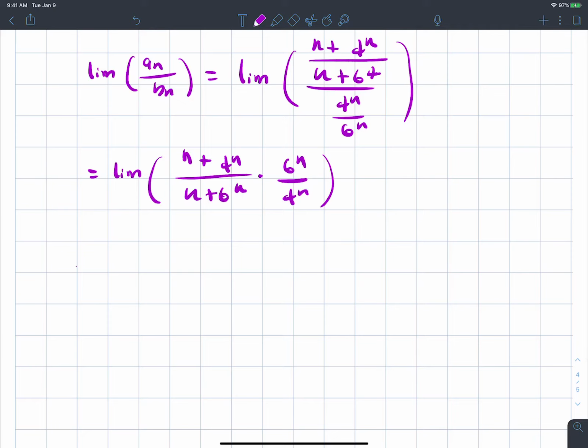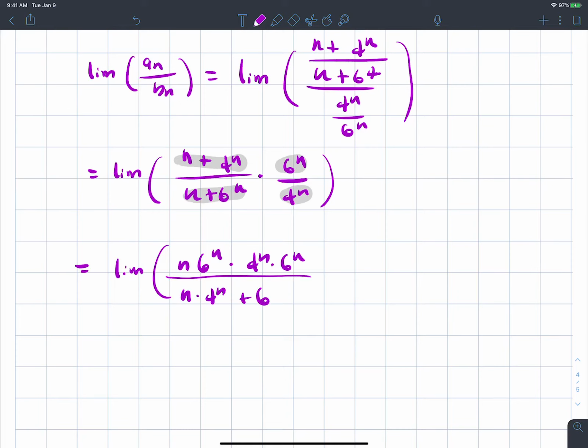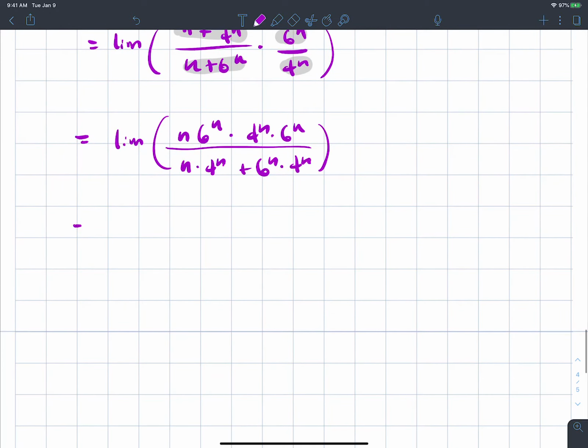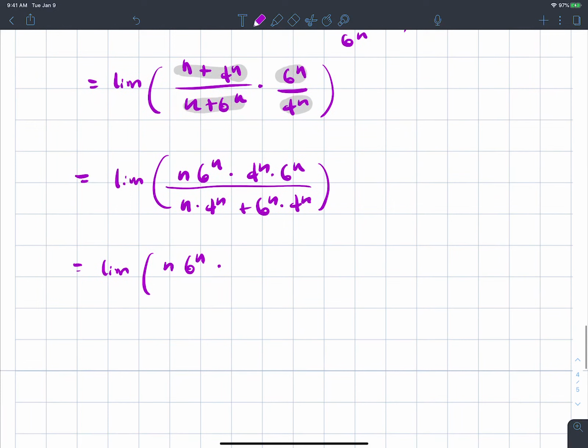Okay, so we're going to use a little algebra here. We're going to multiply to our numerator, multiply to the denominator. This gives us n 6 to the n times 4 to the n times 6 to the n over n times 4 to the n plus 6 to the n times 4 to the n. And now we get n 6 to the n. I think there's a plus there.